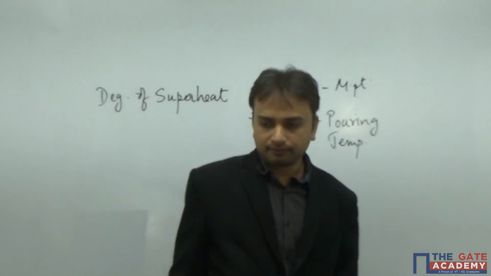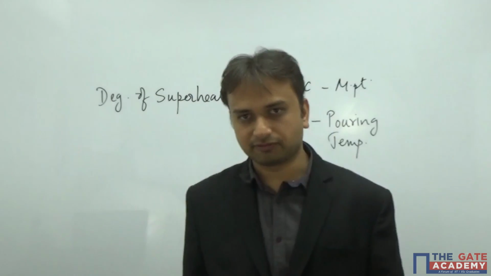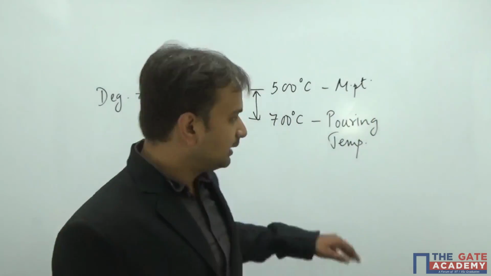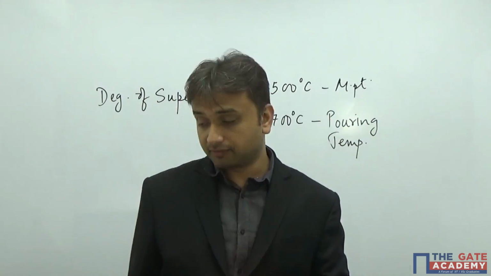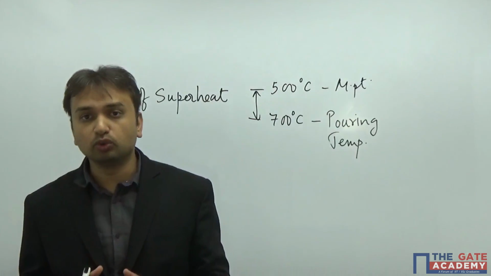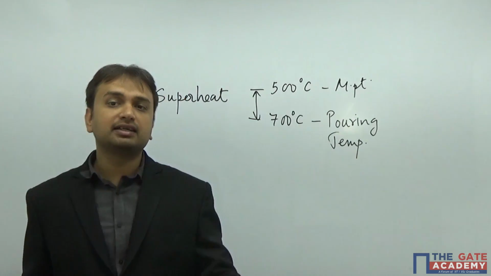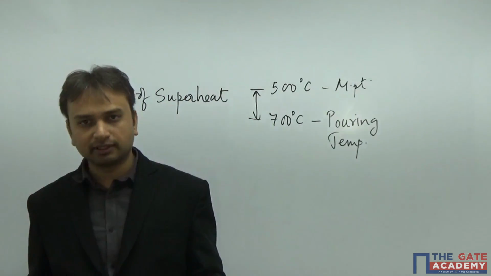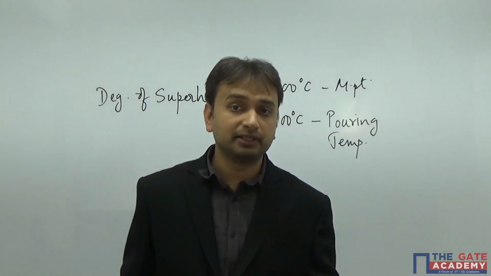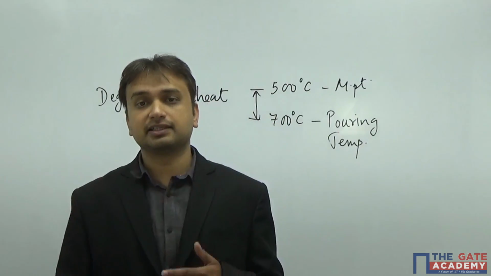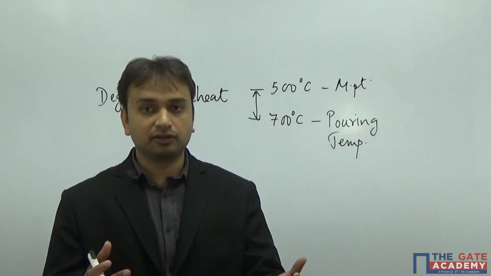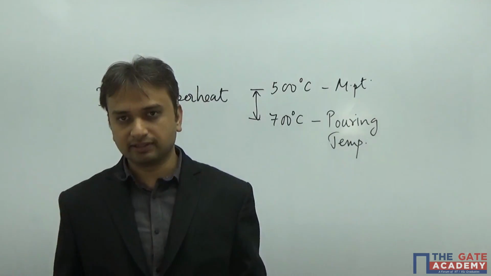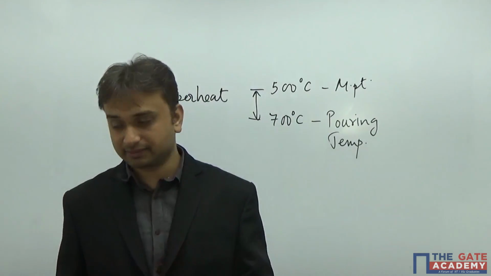Right. Now, let us start our discussion from here. Molten metal at 700 degrees Celsius is in liquid state obviously. Now it is going to lose its heat. Latent heat or sensible heat? No, it's not latent heat, it's sensible heat, because sensible heat is the heat that is rejected or absorbed in the same phase. There is no phase change as far as sensible heat goes.